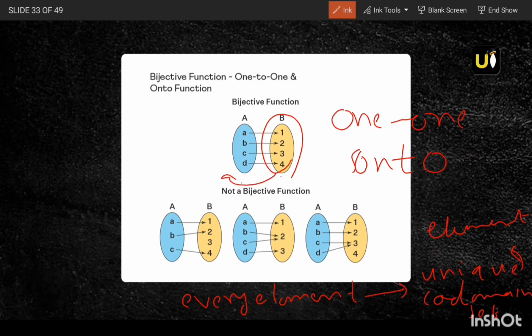So here we see an example. Every element is mapped to unique elements in the set B, as well as for every element in the codomain set there is an element in the domain set.